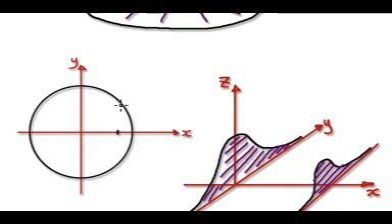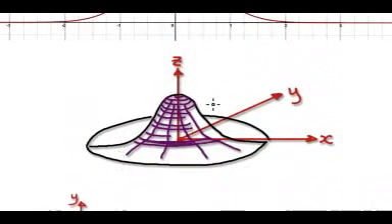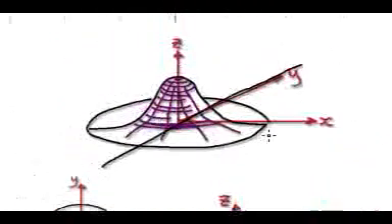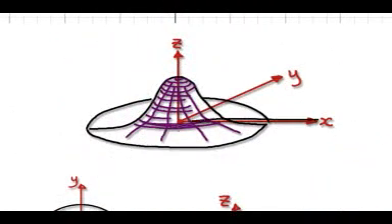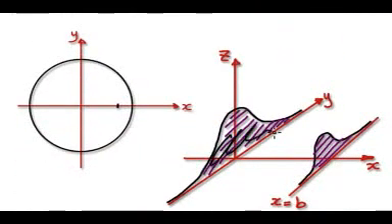So, this is your 3D solid here. If you cut it along the y-axis, it will give you this shape here. If you cut it along the x-axis, it will give you the exact same shape.